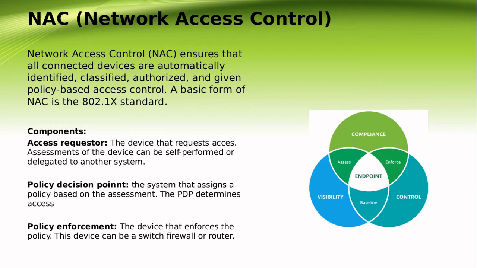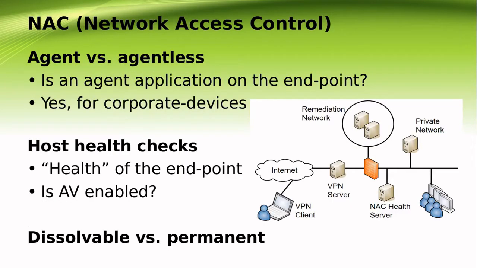Let me give you a clear idea. Visibility, control, compliance. How does it work? Agent versus agentless. An agent is a piece of code that performs a function on behalf of an application running somewhere else. From a NAC standpoint, it is the code that authenticates the user and the device and allows network access based on policy the IT department defines.